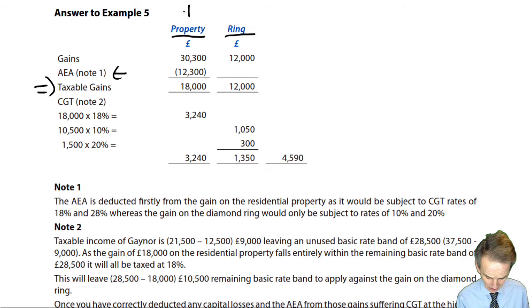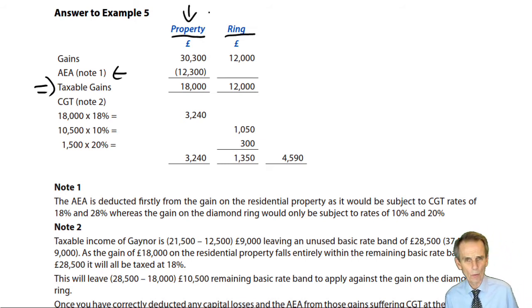Now that, I hope, you chose the residential property, because it is that asset that bears CGT at the highest rates. So let's save tax at the highest rates by deducting any AEA, or indeed, had there been any losses brought forward, any current year losses, any deductions that could be made, be it through losses or the use of AEA.